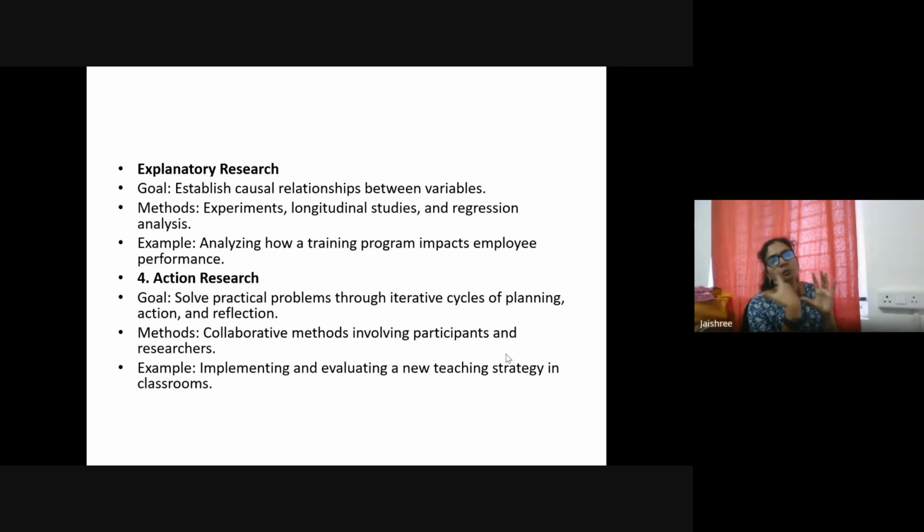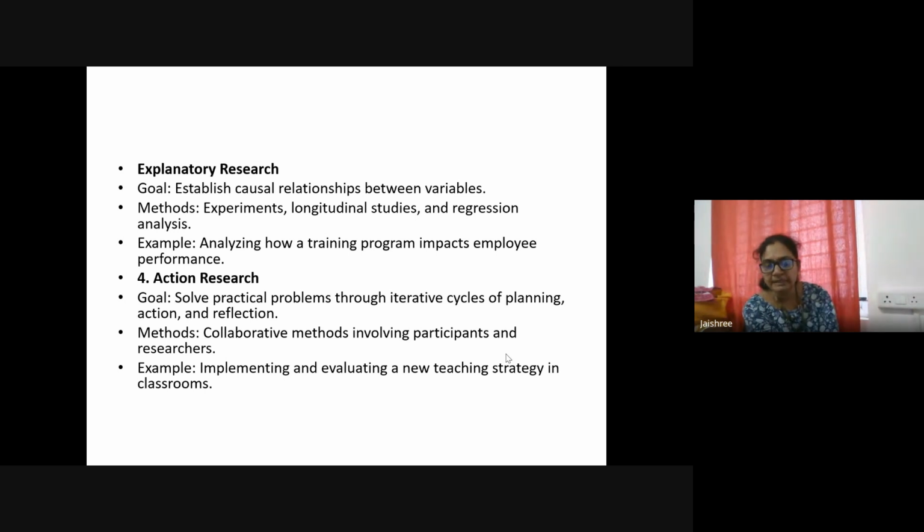Just because I watch TV serials every day, or a movie every day, will my performance as a faculty improve, or is it depreciated? This is called correlational research. And this is mainly done with the help of statistical analysis.